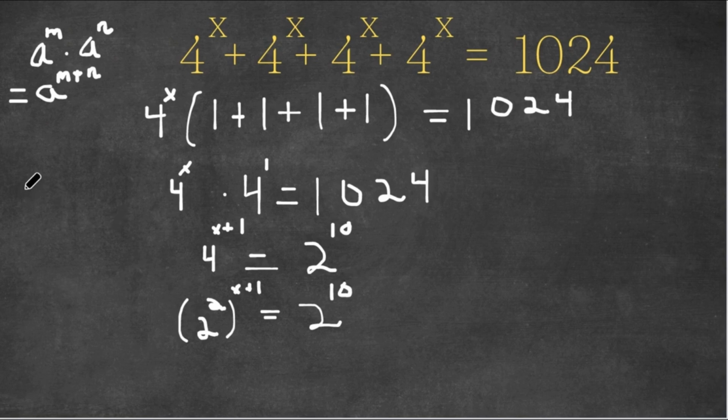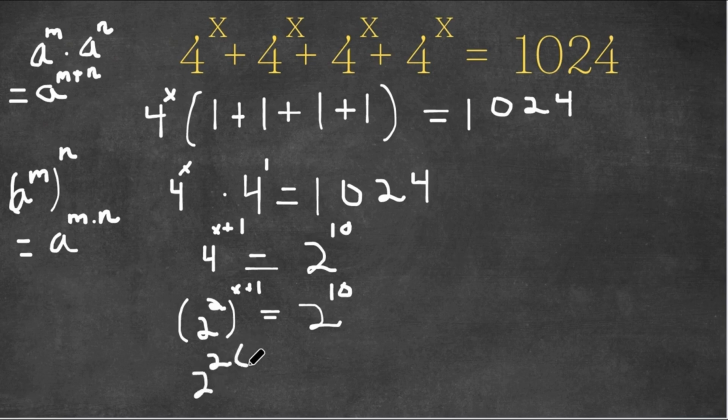Now, if we have an exponent in the form a to the power of m to the power of n, this is actually equal to a to the power of m times n. So we have 2 to the power of 2 to the power of x plus 1, and this is going to equal 2 to the power of 2 times (x plus 1). Remember, it's going to be in parentheses.